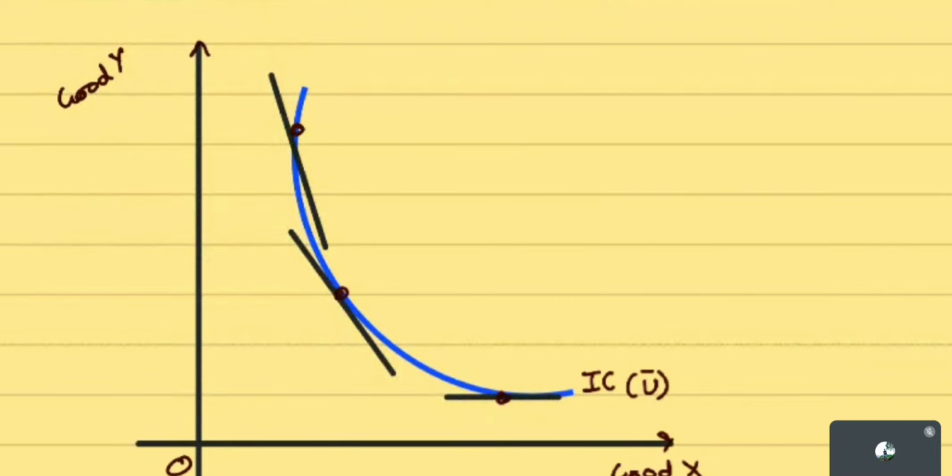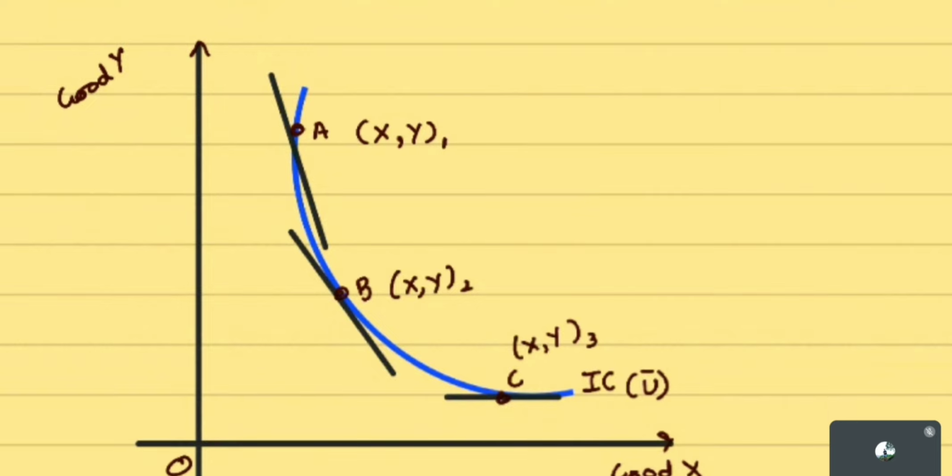We can name these bundles A, B, and C. At this bundle, you have some X1 and Y1, and here you have X3, Y3.